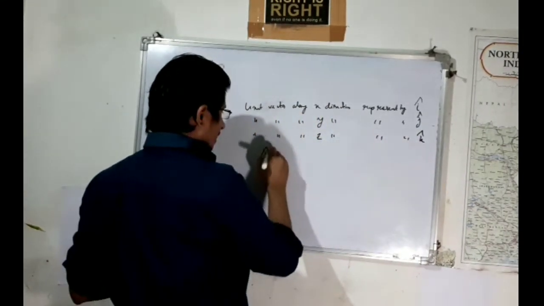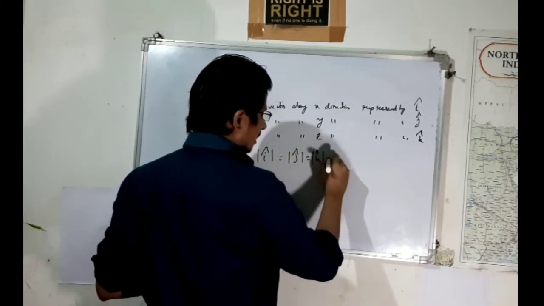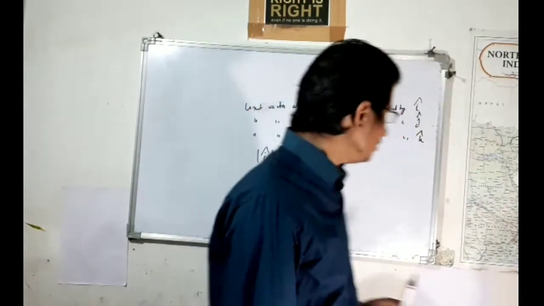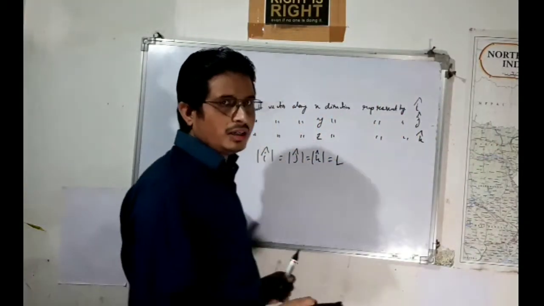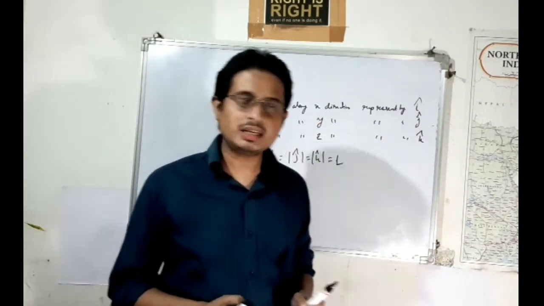All these i, j, k have unit magnitude, but their directions are different: i along x, j along y, k along z.